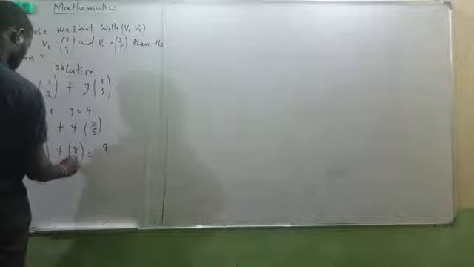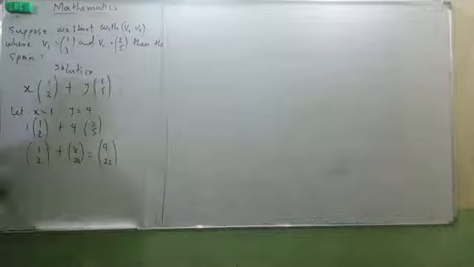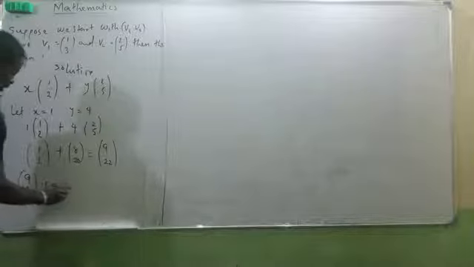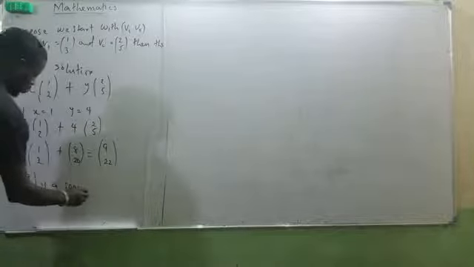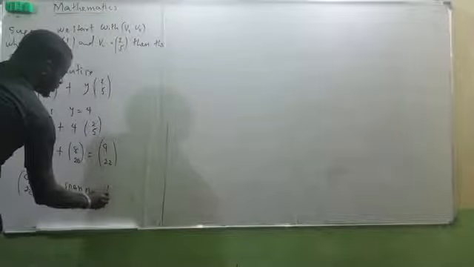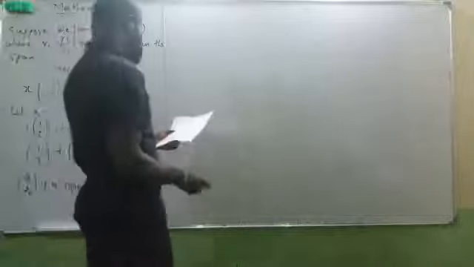This should be 20. This and this will be 22. Now, it means A22 is a span on U1, V1, V2. That is what I'm trying to talk about. And please, can you understand what is called span now? Now, let me see this question.